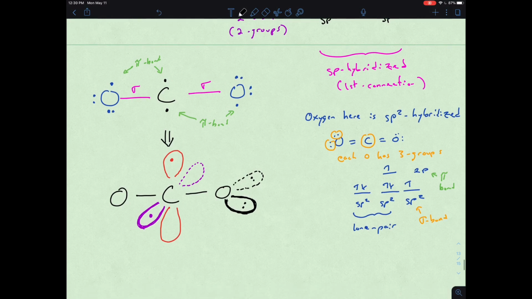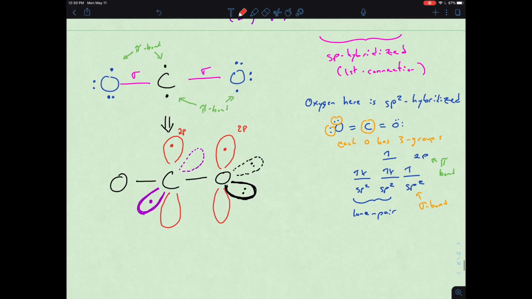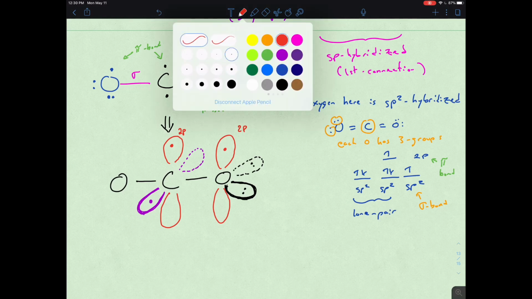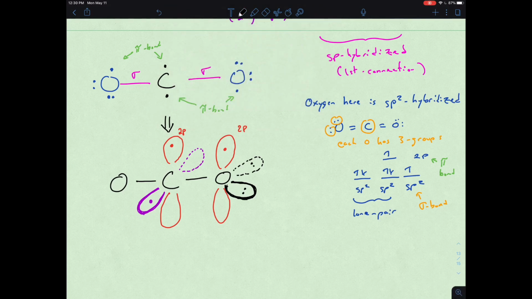So that oxygen is going to look like that, which means it has a lobe that's actually pointing up as well. There is our 2p orbitals, each one with an electron, and so we're going to see overlap there. And then the other oxygen is actually kind of on angle. So each one of the lone pairs is actually in the plane of the page.